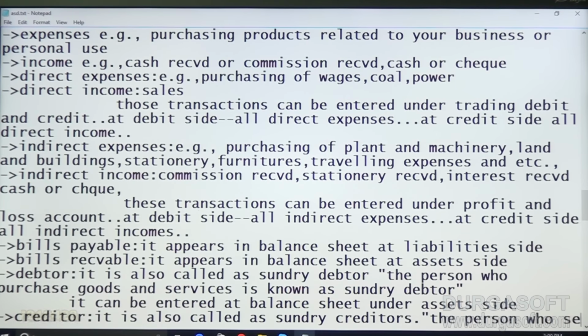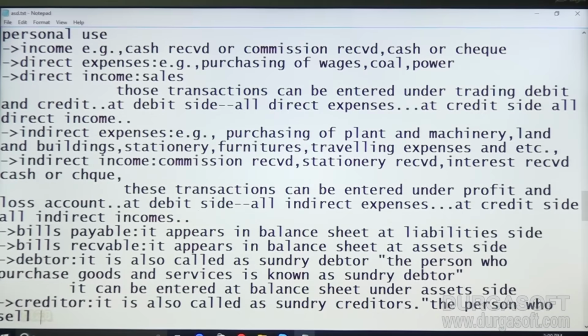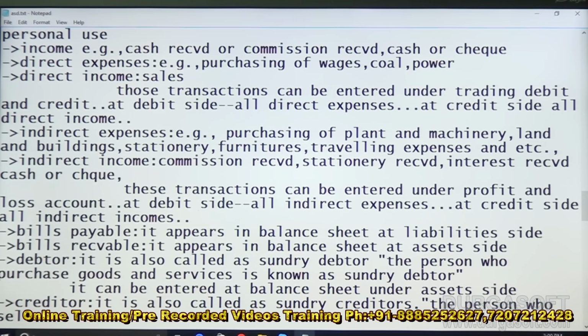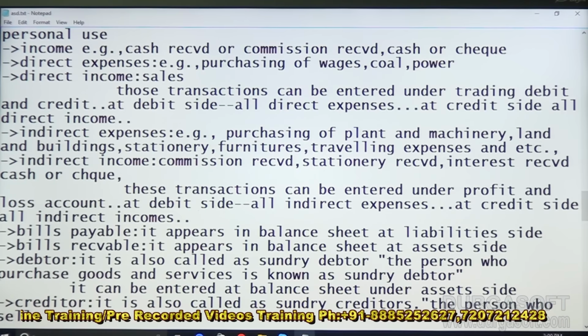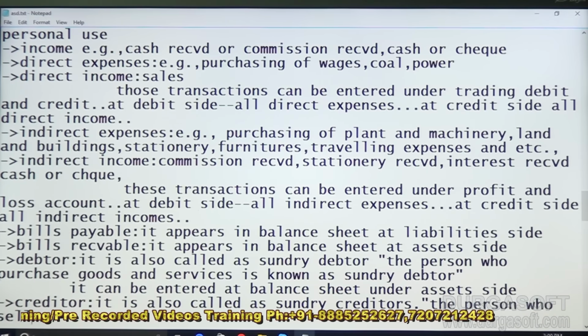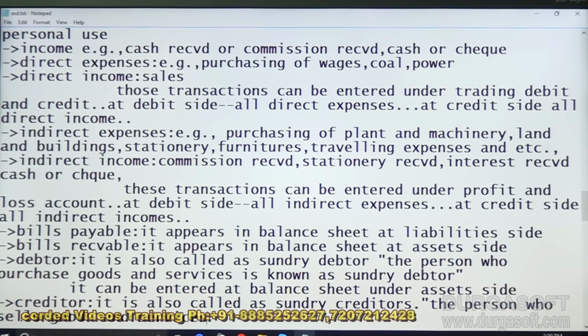If you are selling any product, books or stationaries, you are the vendor at that time. The person who sells goods and services is known as sundry creditor.